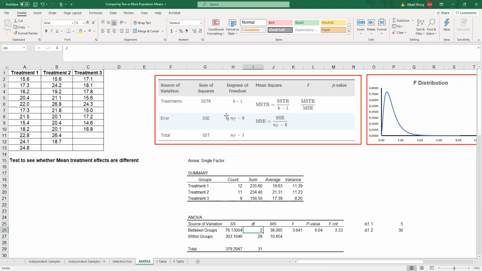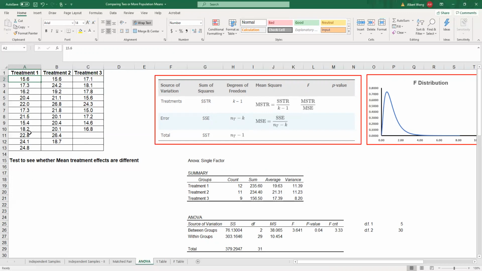On the other hand, the degree of freedom for the within group or error is the total sample size minus the number of groups, right? So for the total sample size, you have to look at the samples pooled together, because under the null hypothesis they are the same, so we pool the samples together.